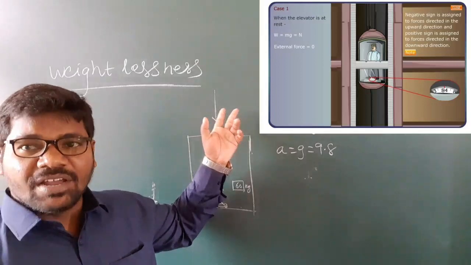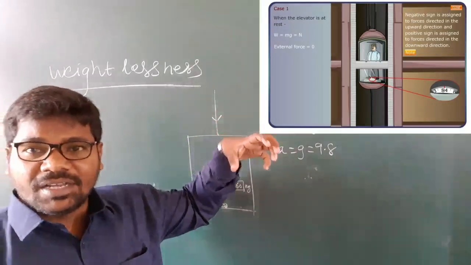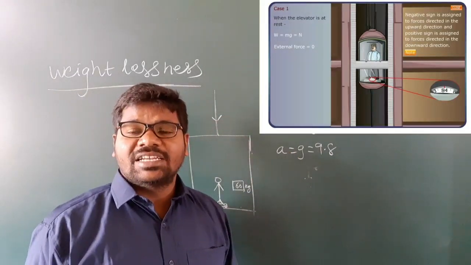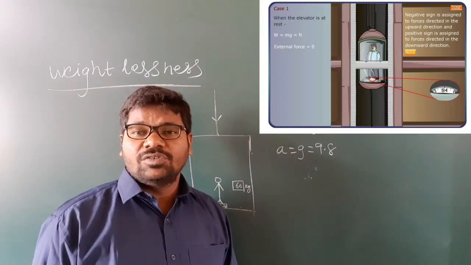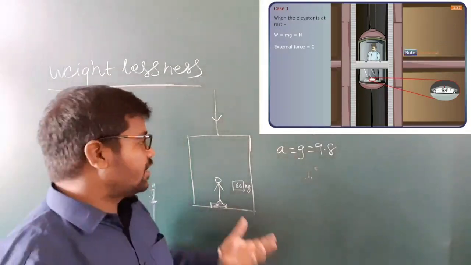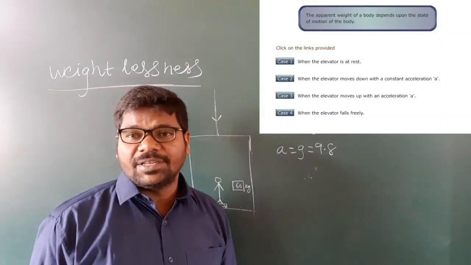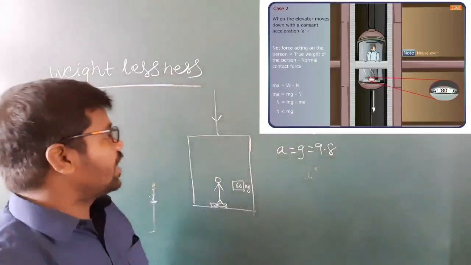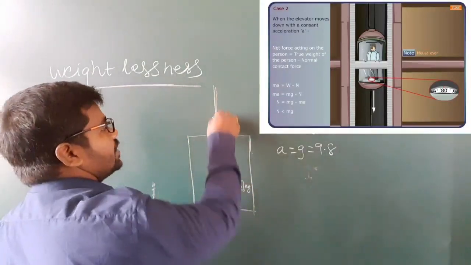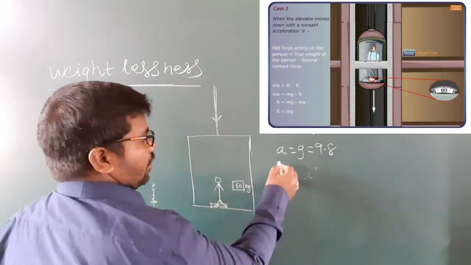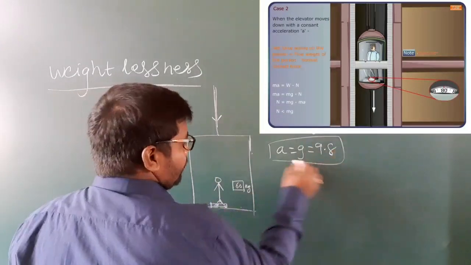Whenever a body is freely falling, its acceleration is equal to the acceleration due to gravity. In this case we can say it is a freely falling body. If you cut this big thread, you can feel acceleration equal to acceleration due to gravity.